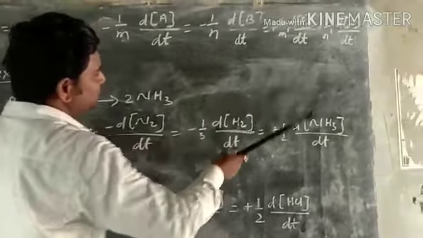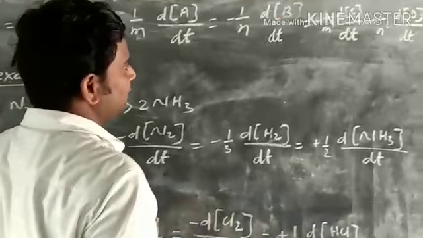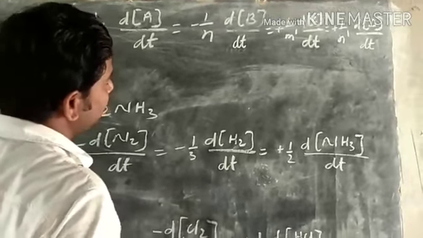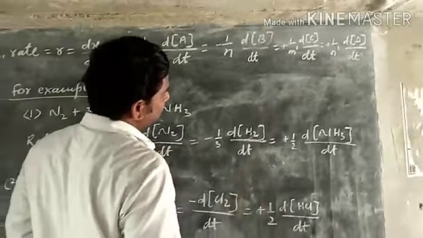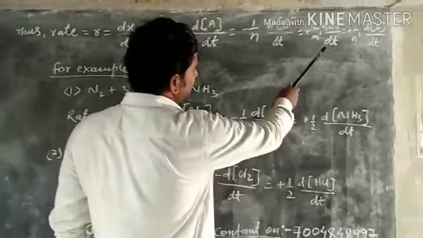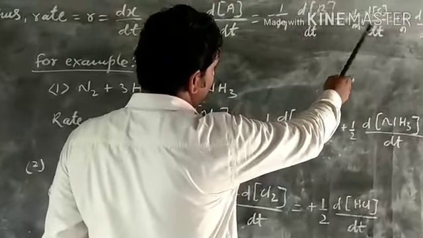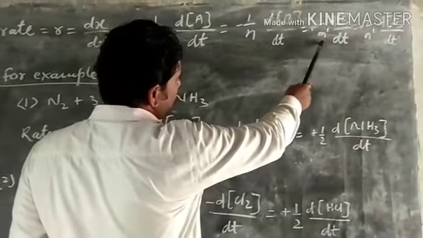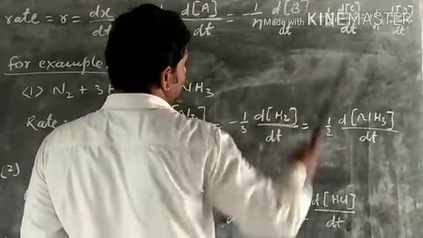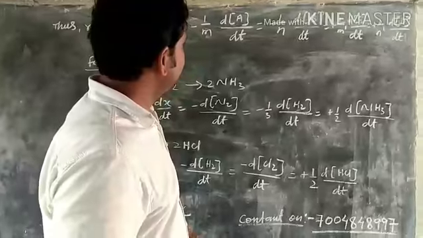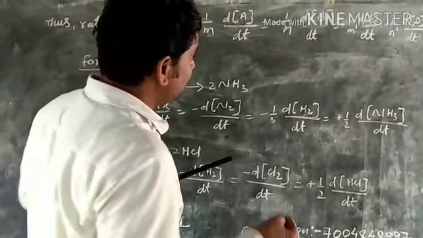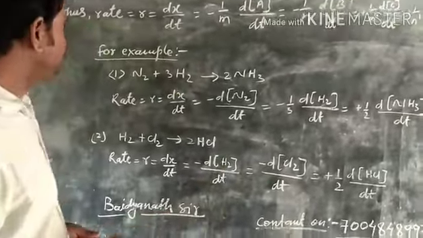And C and D are products, so their concentration is increasing with time, so the number of moles of product is also written in the denominator, so plus 1 by m' d[C] by dt equals plus 1 by n' d[D] by dt.